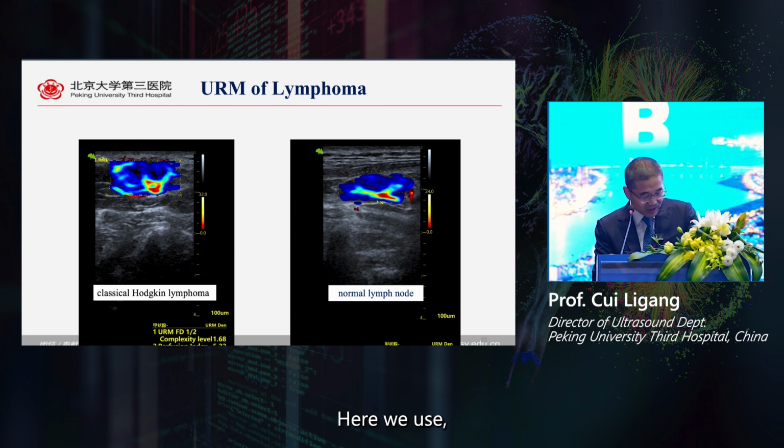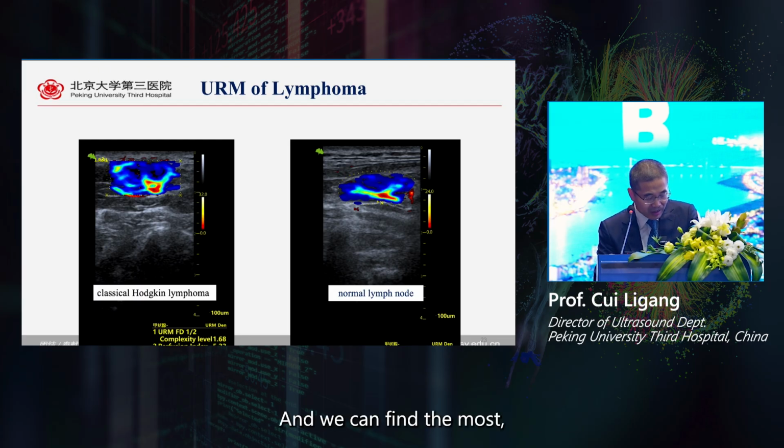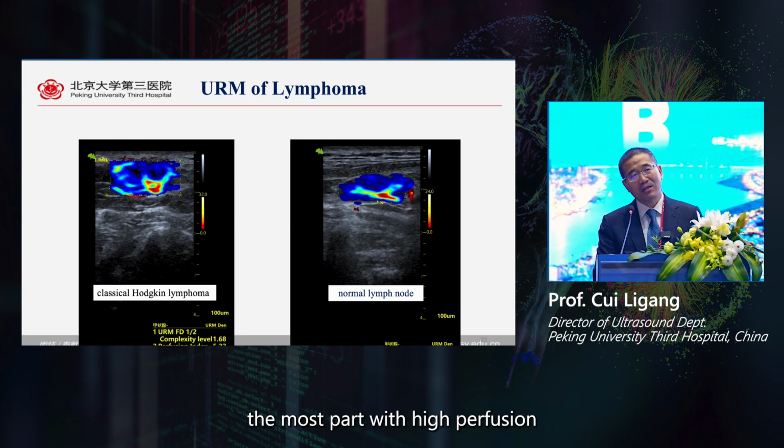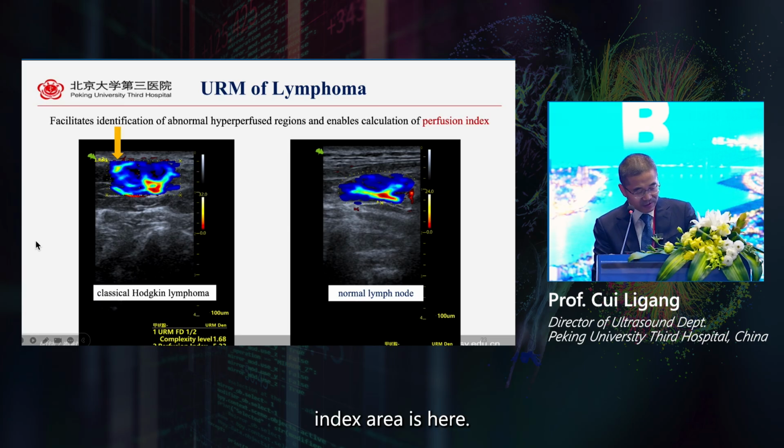Here we use the perfusion index for lymph node. It's very high compared to normal lymph node. And we can find the most part with high perfusion index area is here.